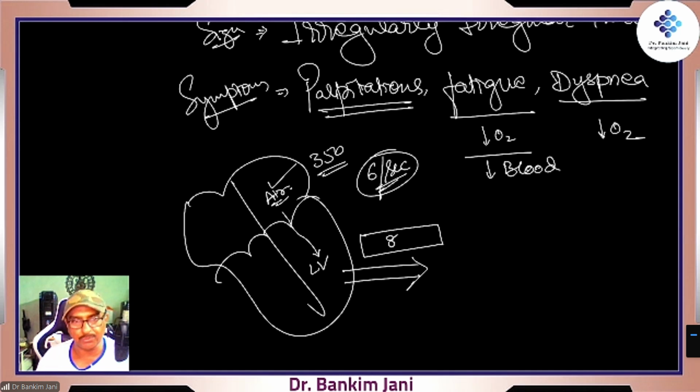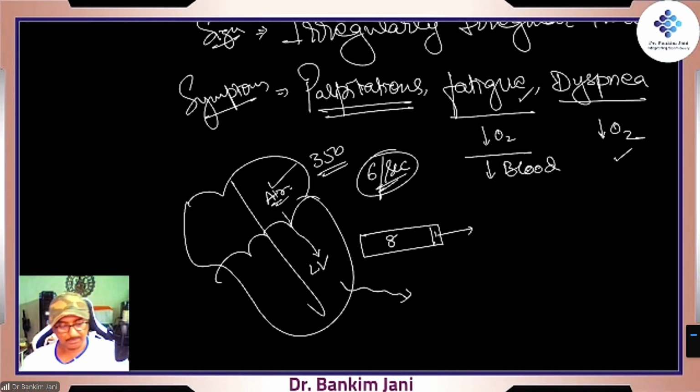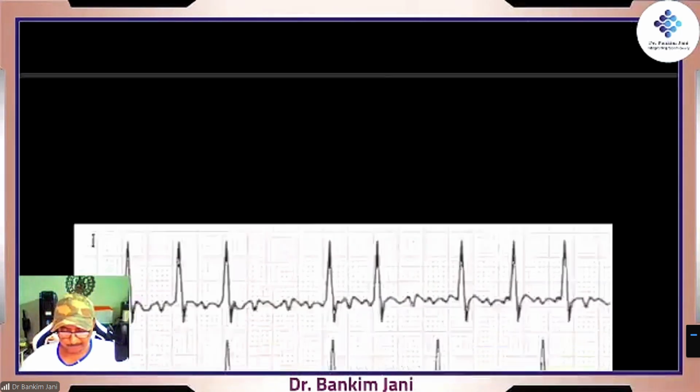Only 1 bullet was loaded, and then it has to fire. So only 1 bullet got fired. Right? Preload is decreased. So instead of this much, only some blood is trickling. Obviously, less blood, fatigue. Less blood, dyspnea, breathlessness, because less oxygen. So this is a very simple reason why these things occur.